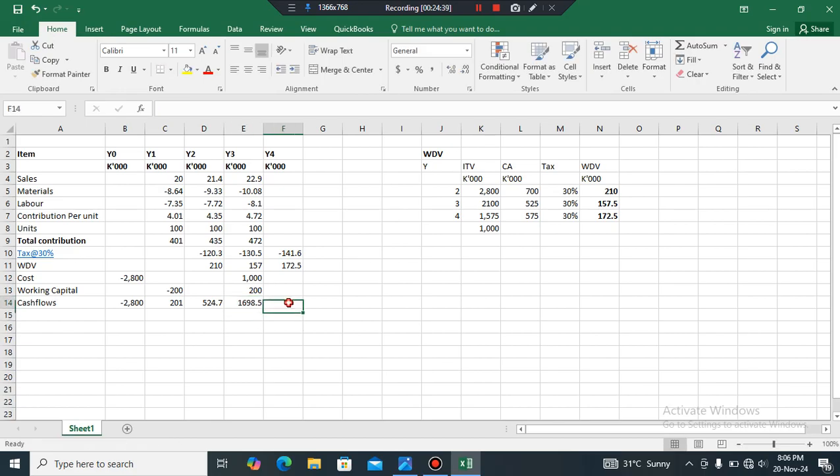Then 172.5 minus 141.6 is giving us 30.9.